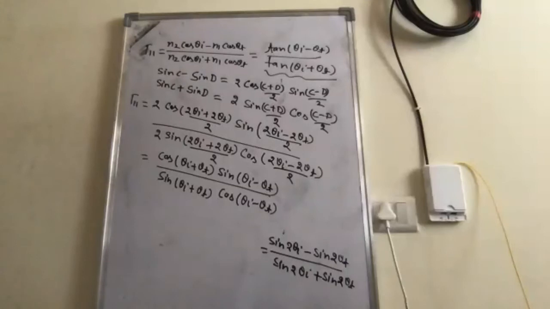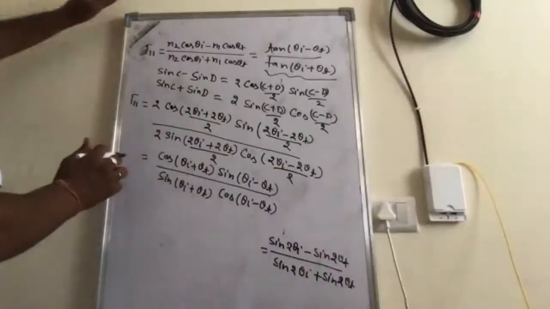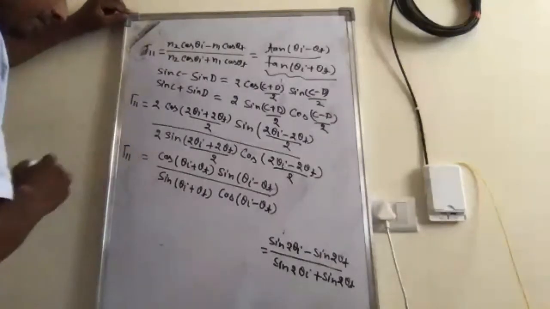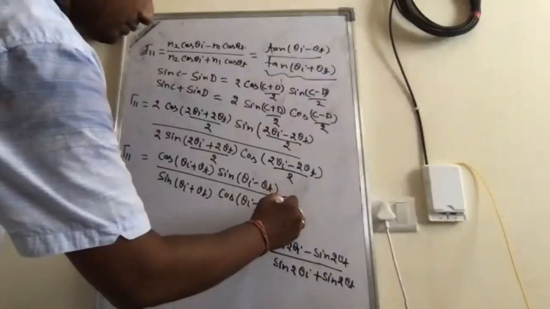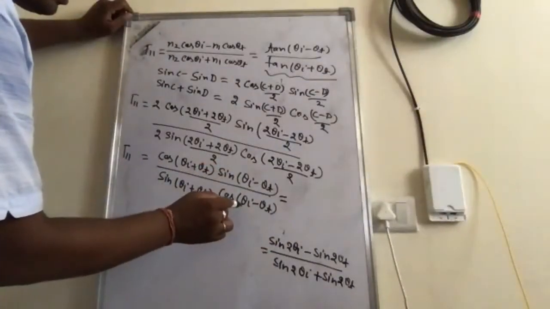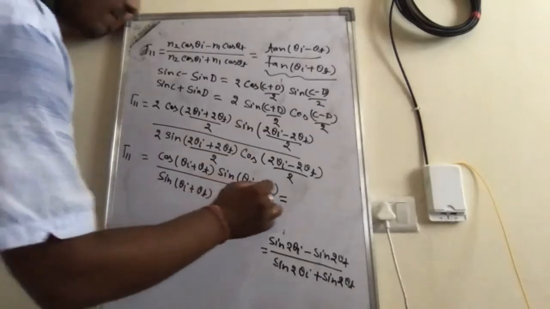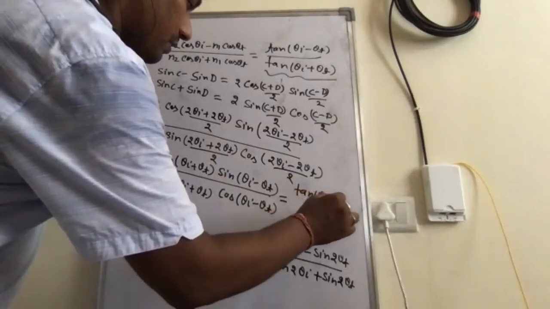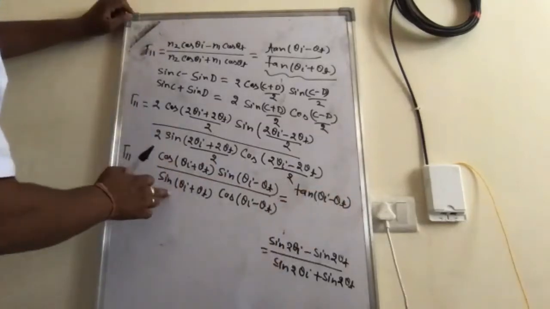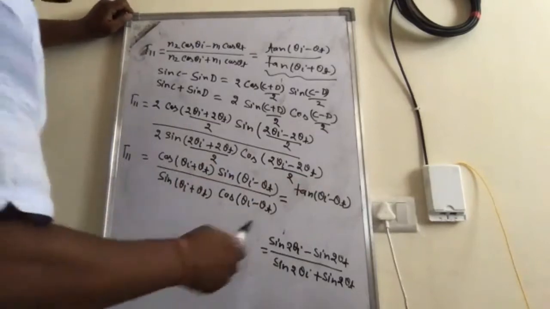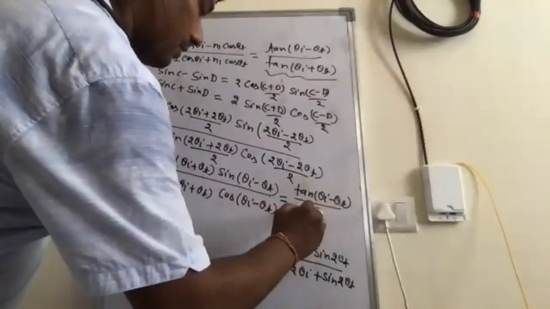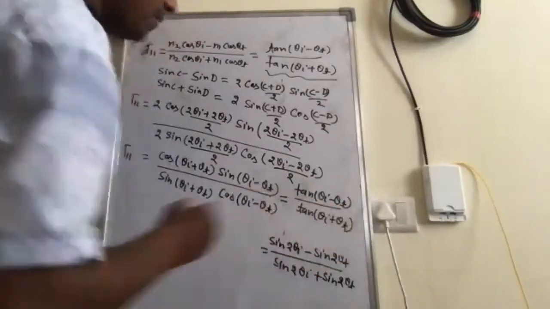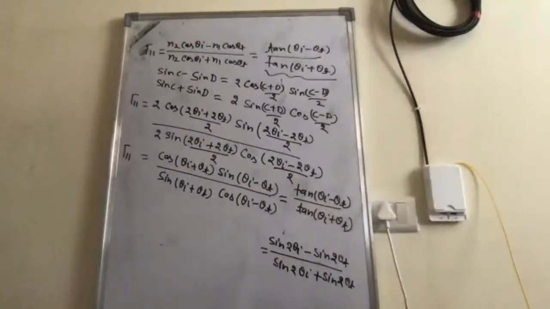Okay, and then from here we can write that this gamma parallel is equal to tan (theta I minus theta t) divided by tan (theta I plus theta t).